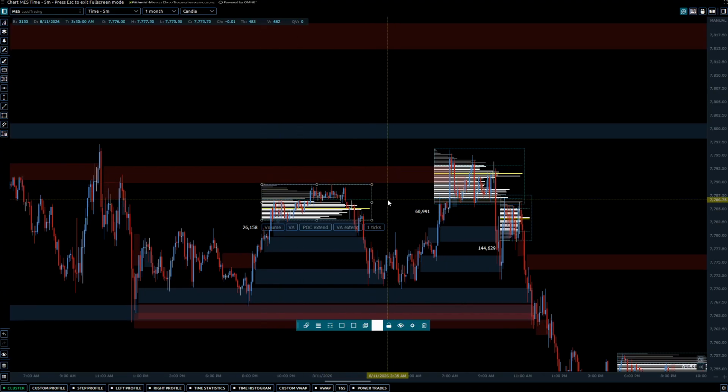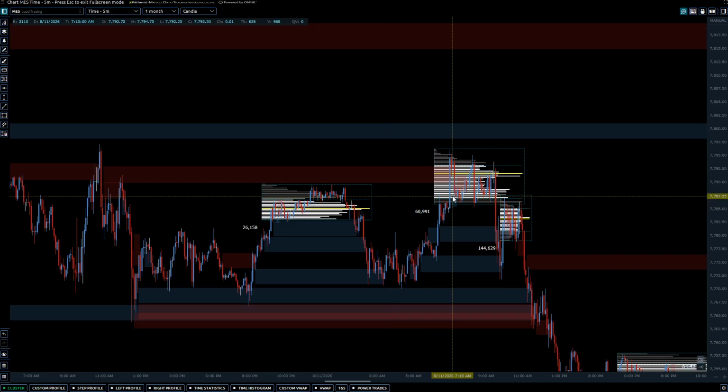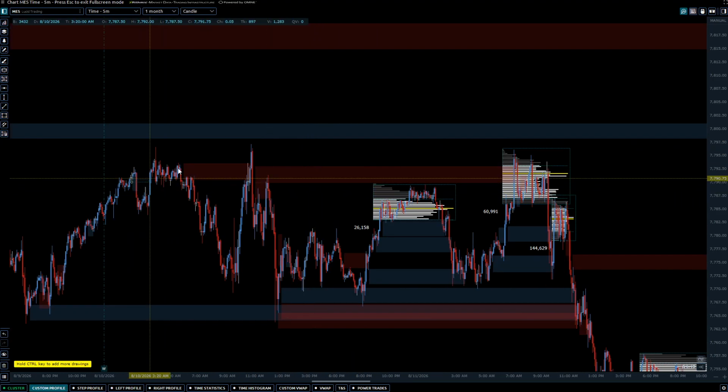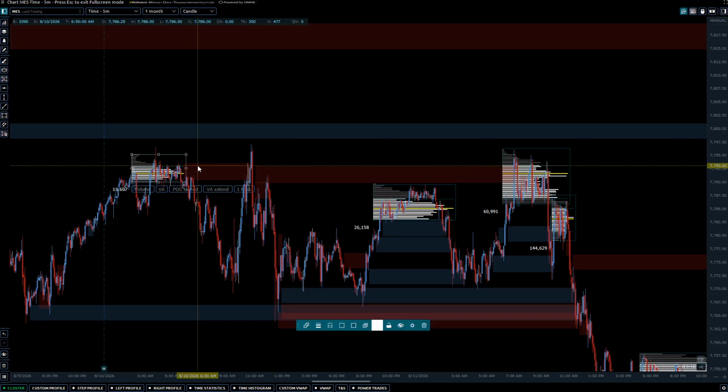From this one, this actually kept us. We came back to retest. So you can see here, this one led to this long right here. These longs, pretty tiny longs, but could have used those to target this balance or this demand zone.